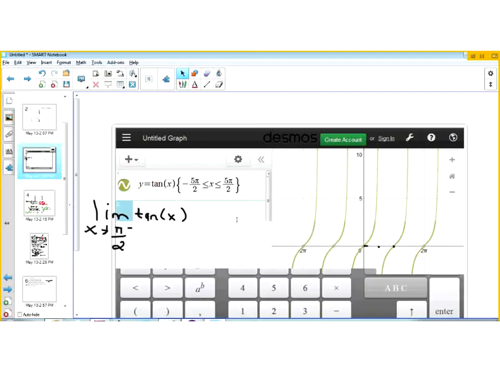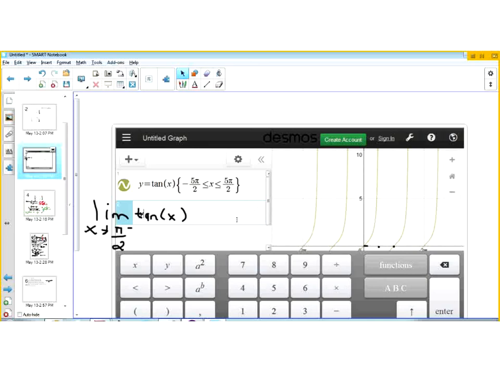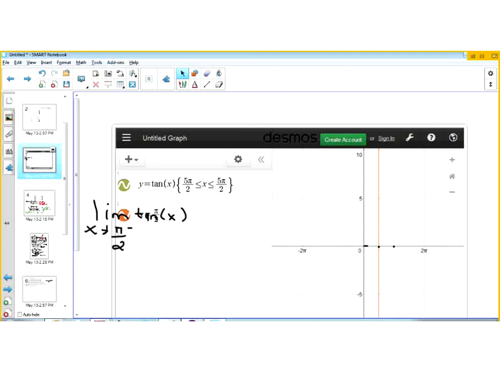Well, let me go ahead and just plot x is equal to pi halves. So let's put some perspective here. Oh, what happened? Typo. Okay, so let's put that back, and x is equal to pi over 2. That would be shown in orange.